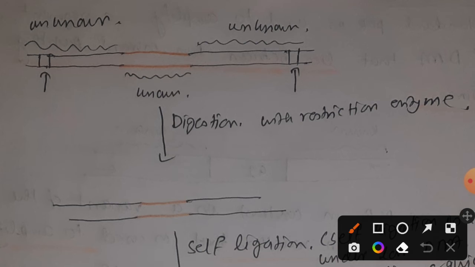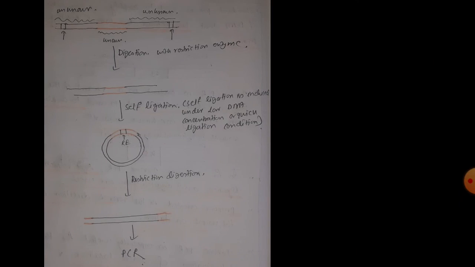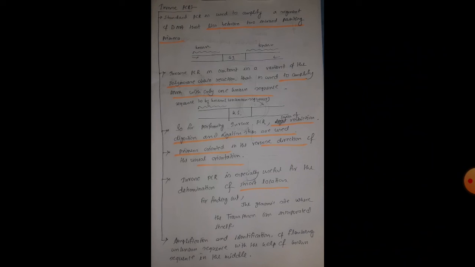Not only that, we can amplify and identify unknown sequences which are flanked at the two ends of a known sequence with the help of inverse PCR. So we are using inverse PCR for amplifying unknown sequences at the two ends of a known DNA sequence.